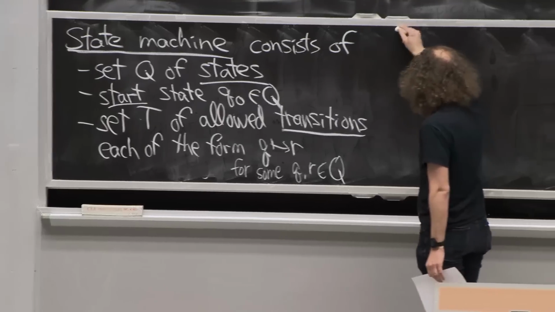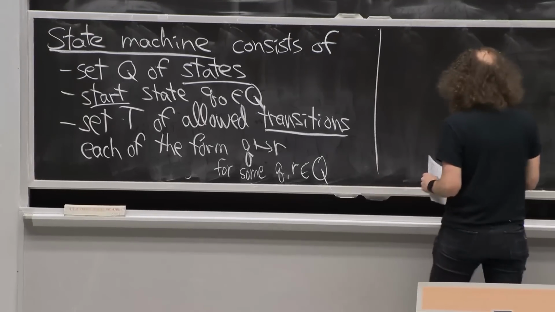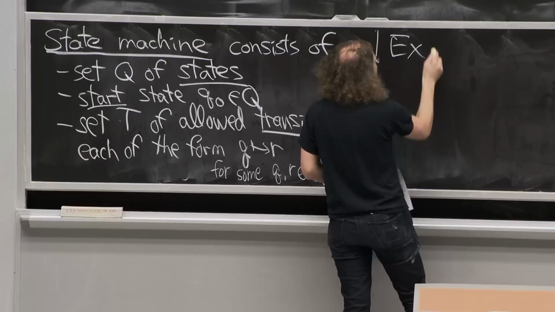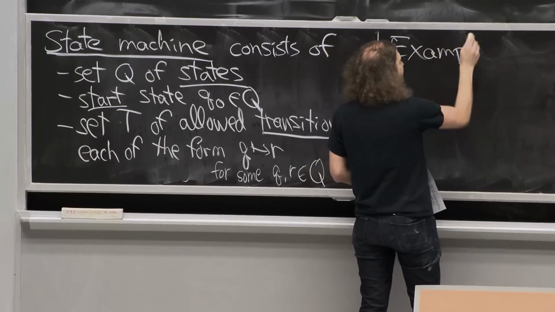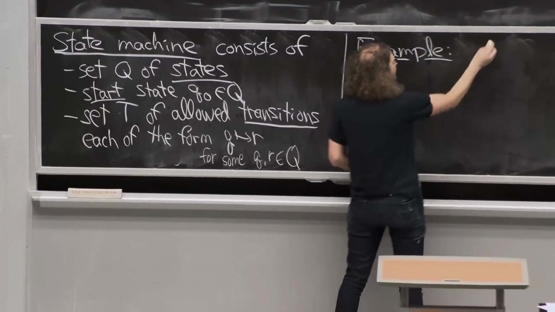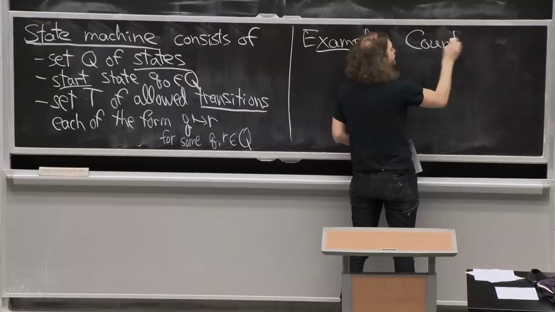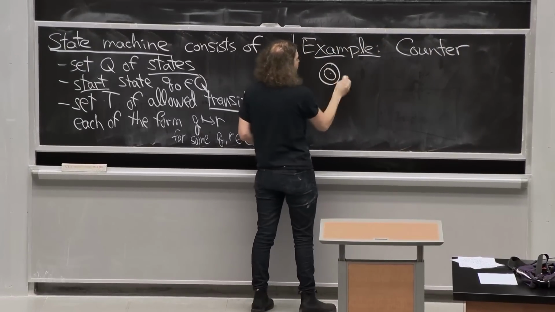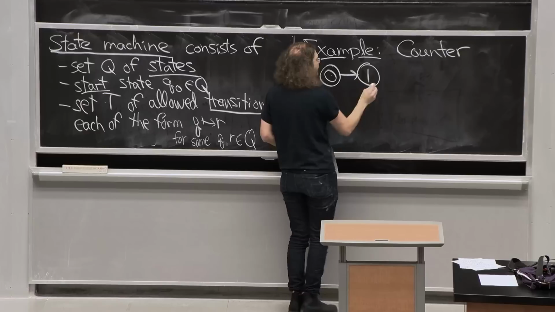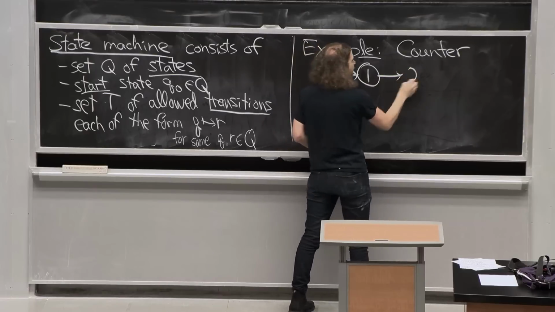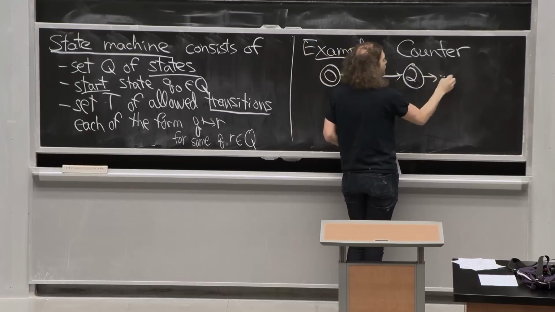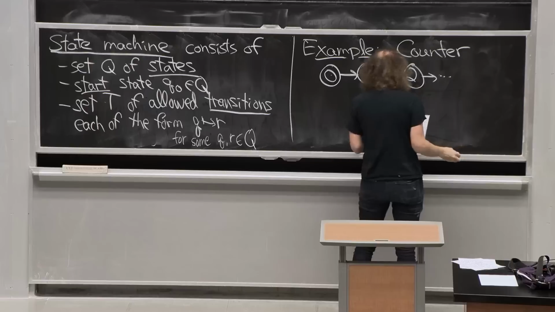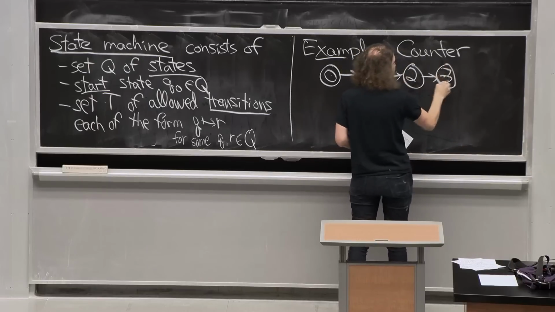OK, let me draw you an example, a very simple example of a state machine, so we have some idea of what we're talking about. This is going to be an infinite counter. I'm going to draw it visually first, and then we can say what it means with all these sets.